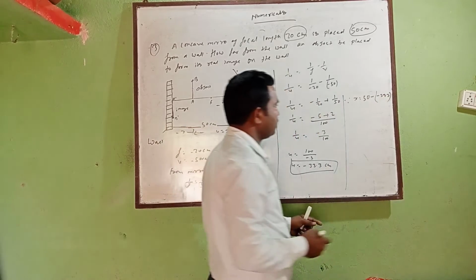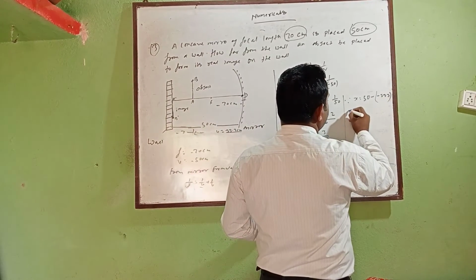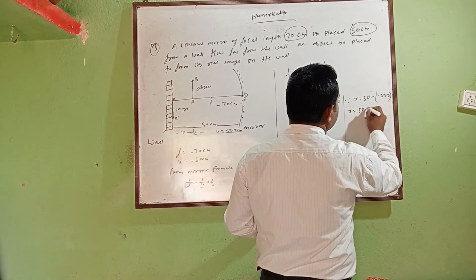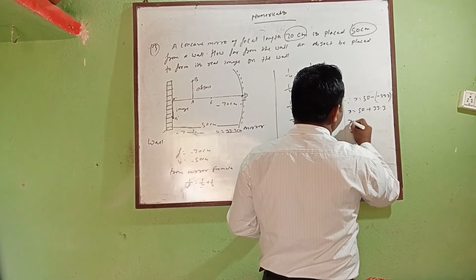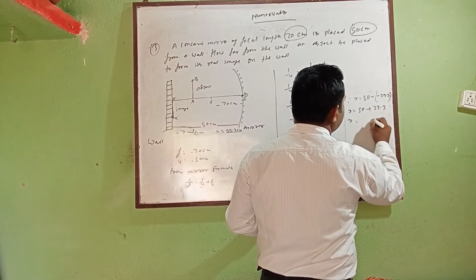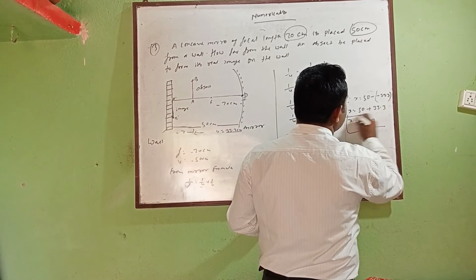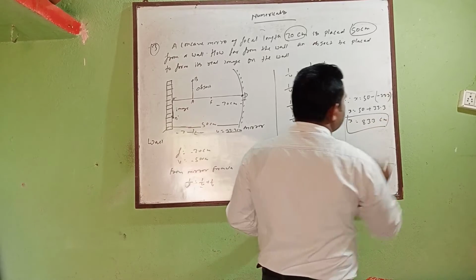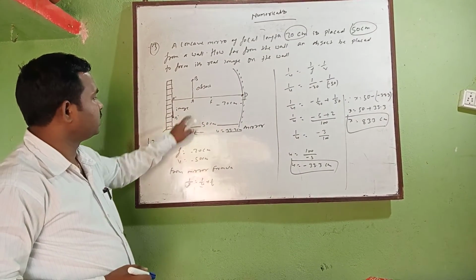So x equal to 50 minus minus 33.3, which is plus 33.3, so x equal to 83.3 centimeter. This will be the value of x here.